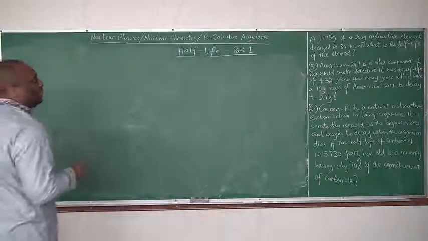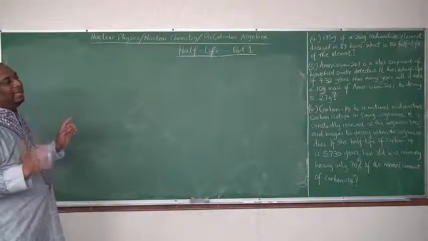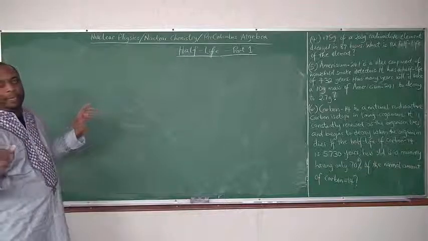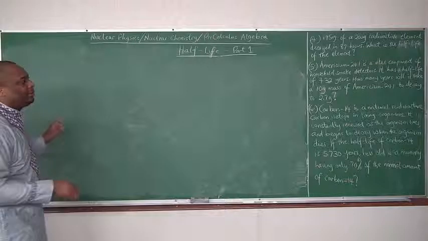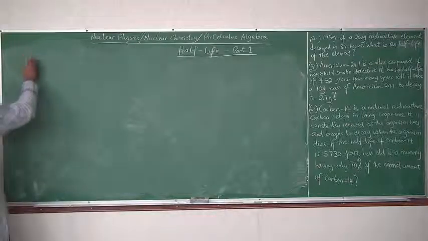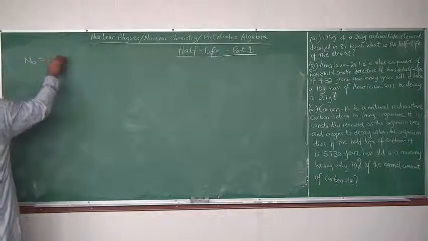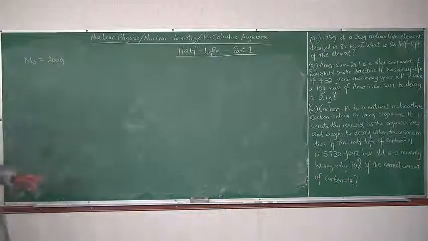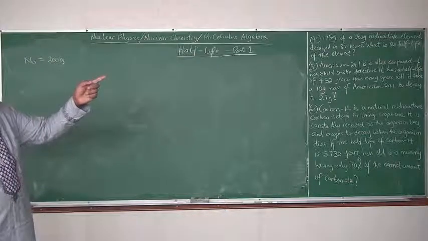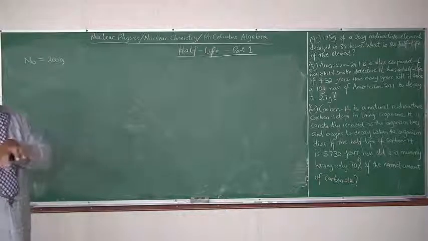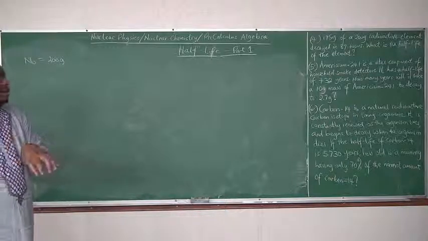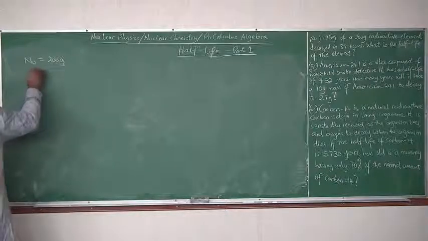Now we have 175 decayed. This is a little bit tricky. It says 175 gram of a 200 gram, which means N subscript O is 200 gram. The element decayed in 87 hours, so T is 87 hours.